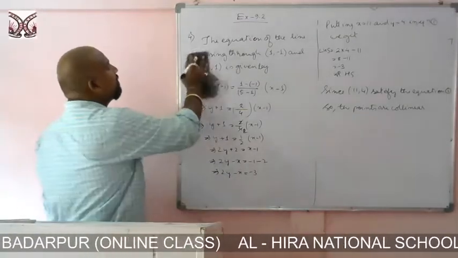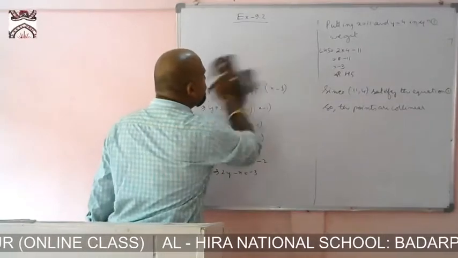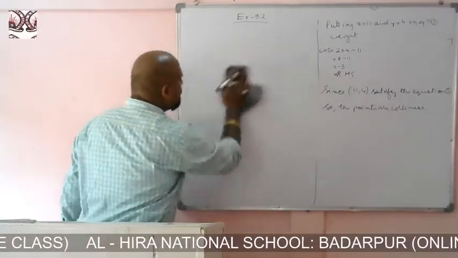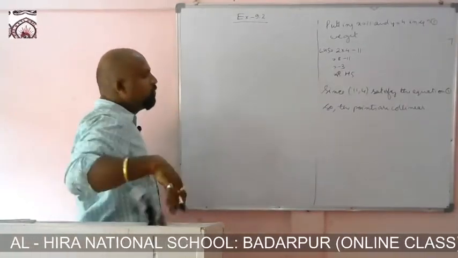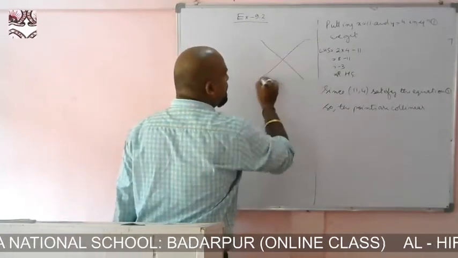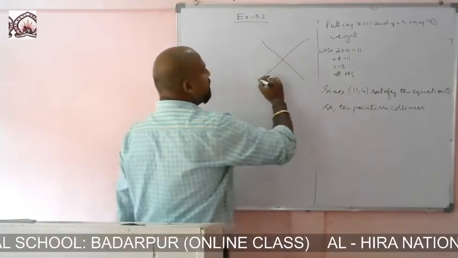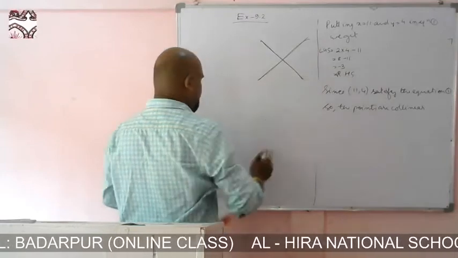Now in the question, let us consider the equations of the two lines are given to us. Okay, the equation of this line and this line are given to us.